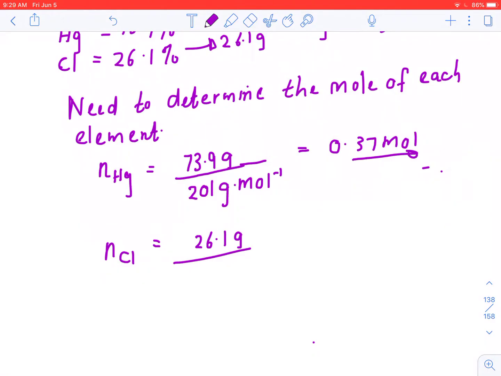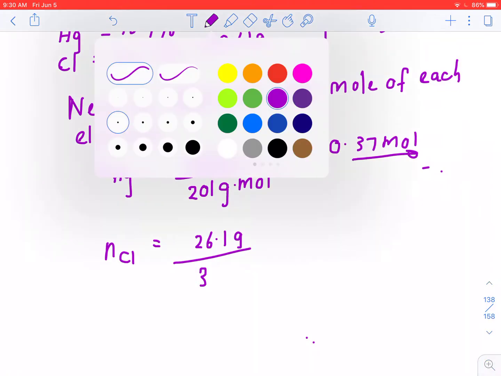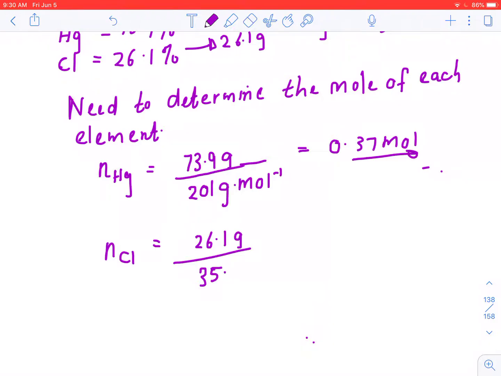Moles of chlorine is the mass of chlorine over the molar mass, which is 35.5 grams per mole, and that gives us 0.74 moles.